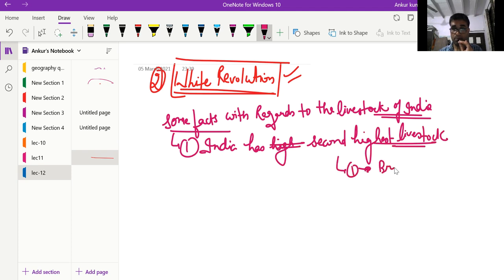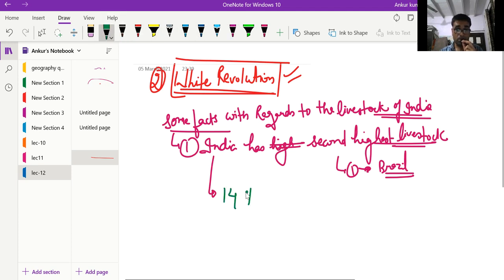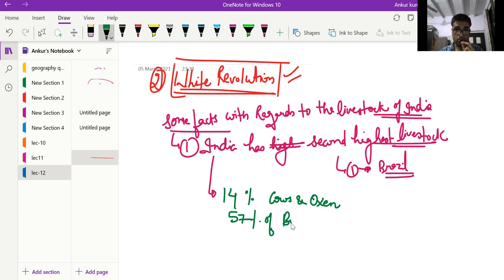So after Brazil, we are the second one in terms of the number of cattle, cows and buffaloes. In terms of figures, India has 14% of cows and oxen and 57% of buffaloes. This is the number.